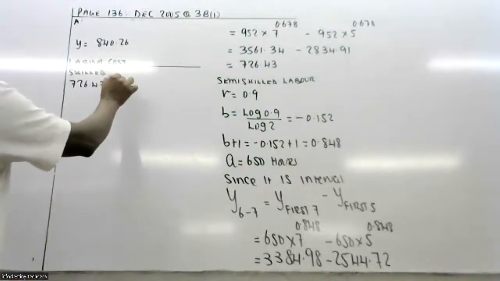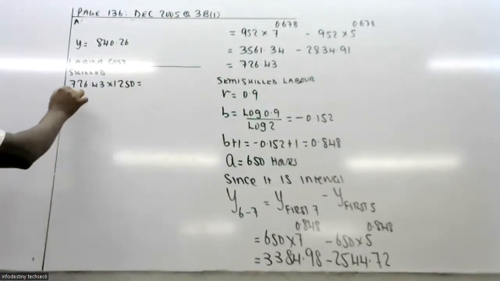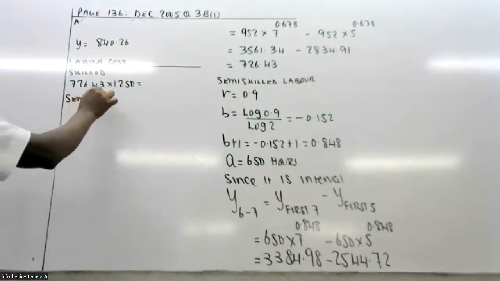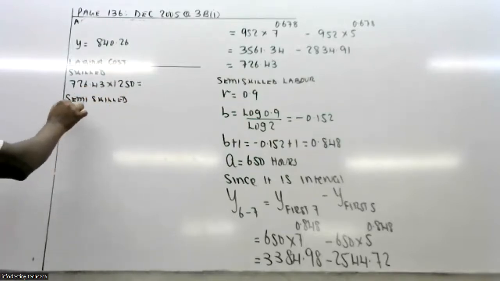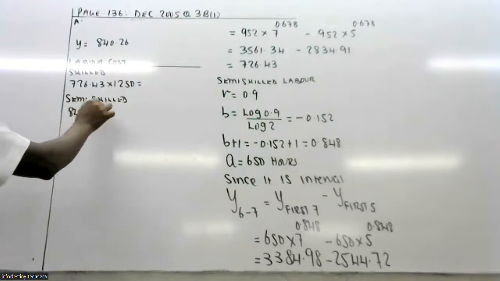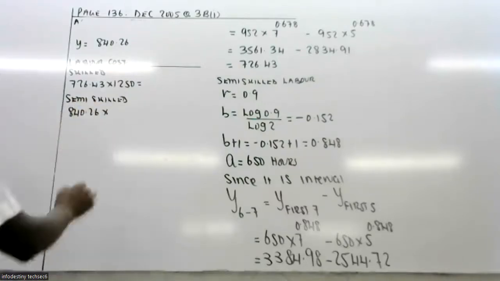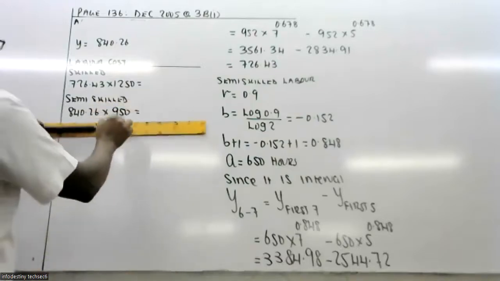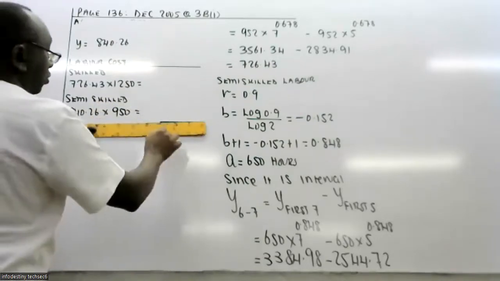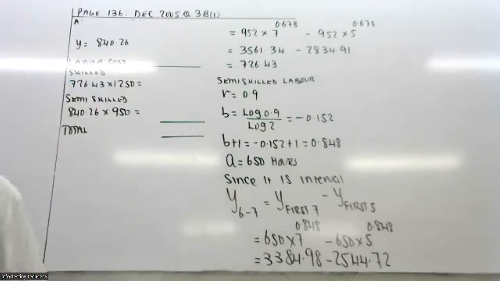So you multiply by 12.50. When it comes to semi-skilled, we have gotten 840.26, and each hour is paid 950. So you get your answer there and write the total.